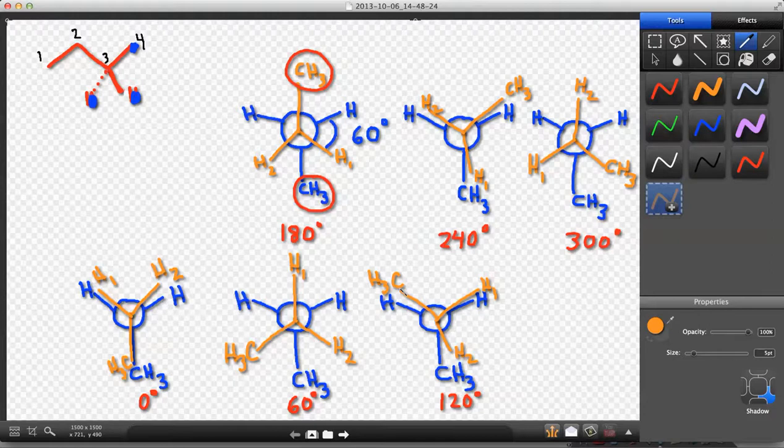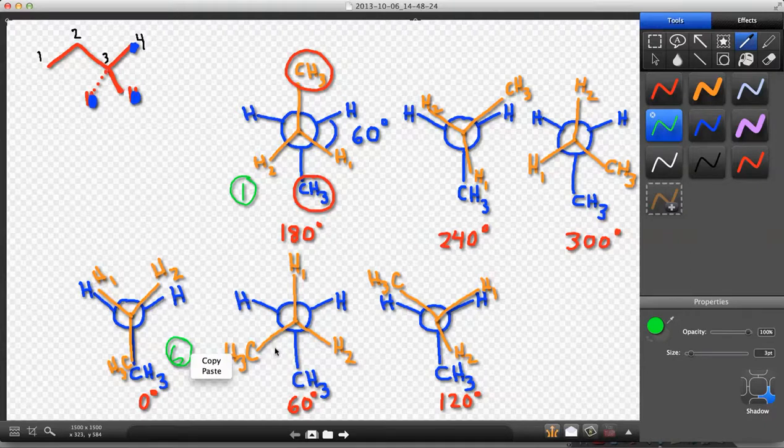We now, of course, want to rank all of these. So we're going to call the lowest energy number 1 because it is the lowest in energy. Highest in energy is number 6. Now, if we look at the other 2 staggereds, one's going to be number 2, one's going to be number 3.